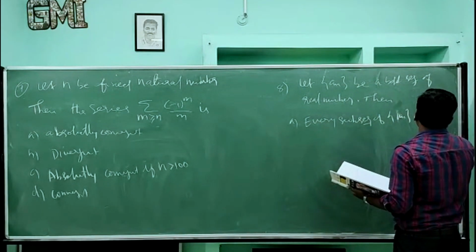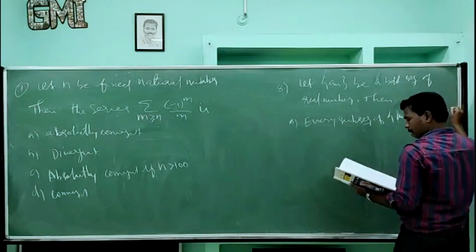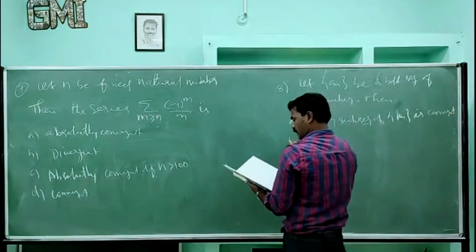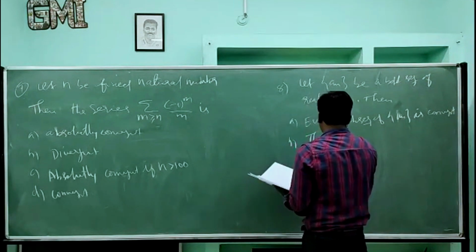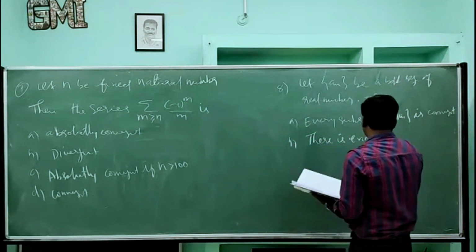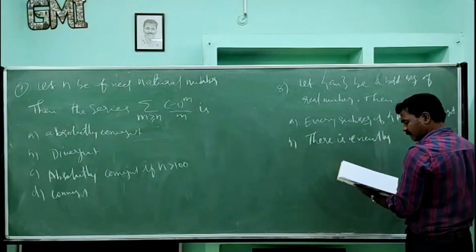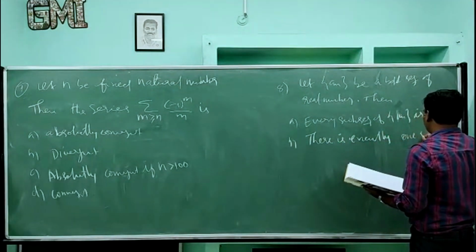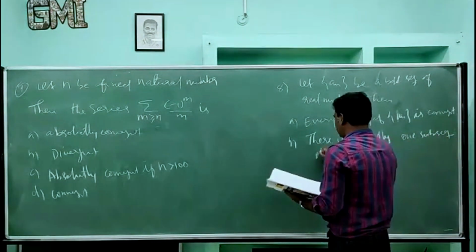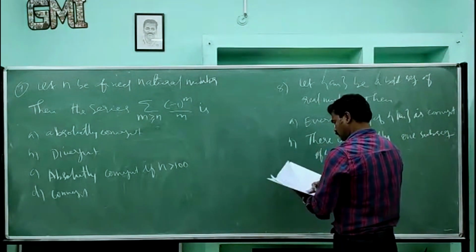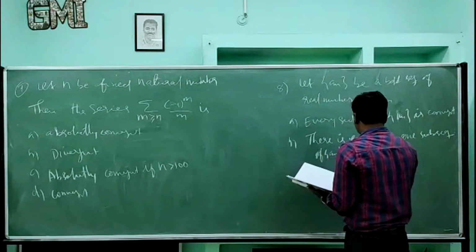Option B: there is exactly one subsequence of a_n which is convergent.